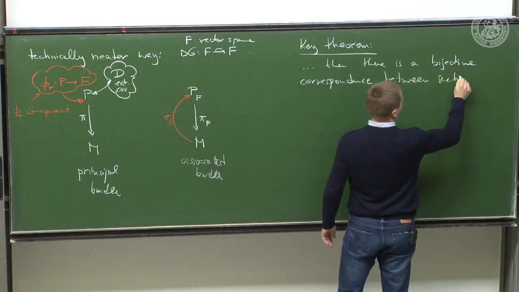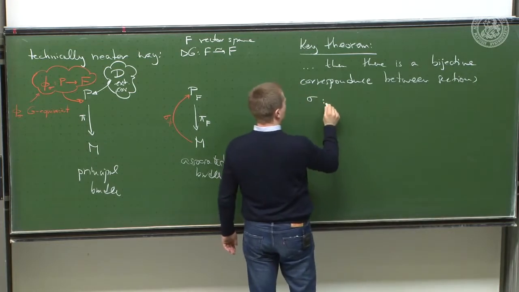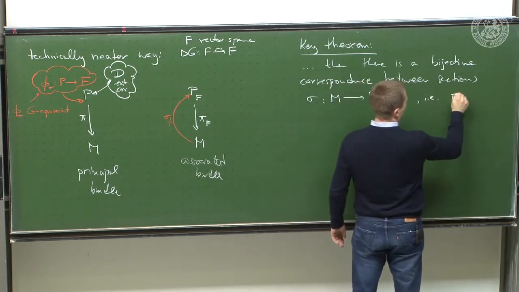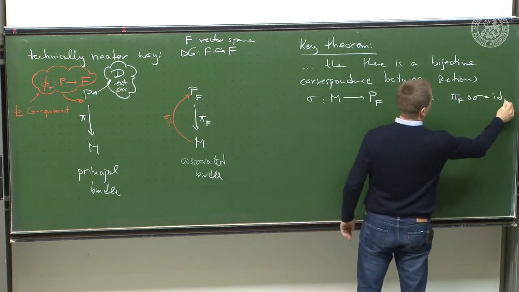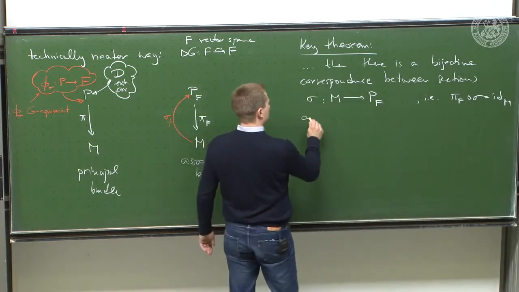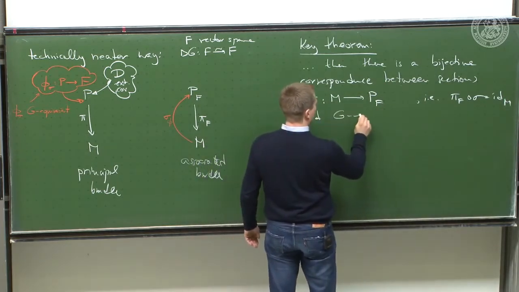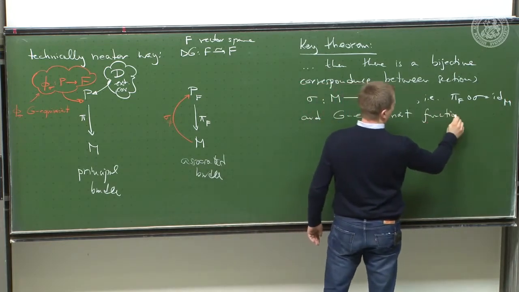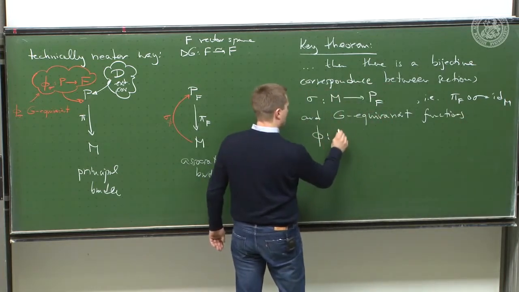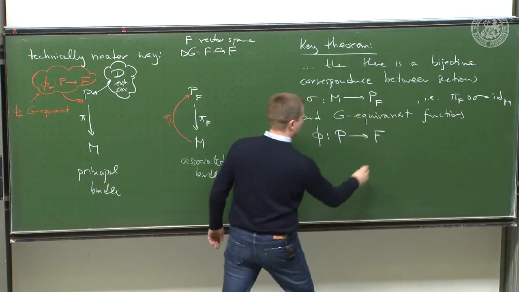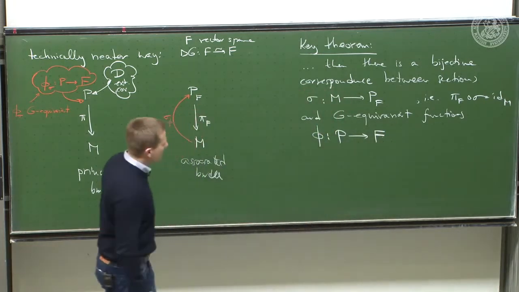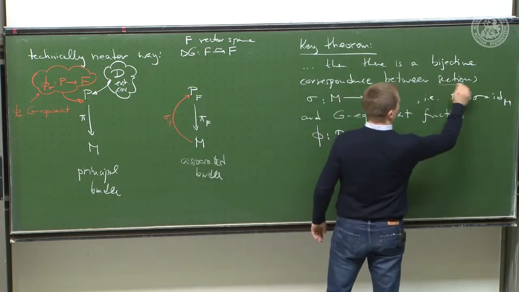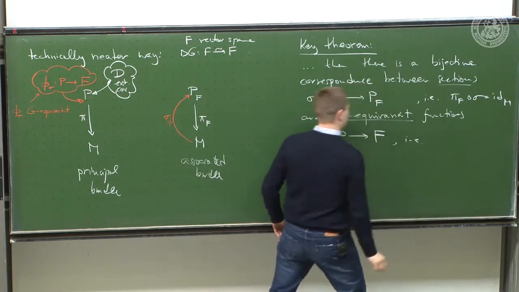between sections sigma of the associated bundle, that is, pi F after sigma is id M, and G equivariant functions phi on the principal bundle that are, however, typical fiber F-valued, and this is the section property, of course, and the G equivariance property.